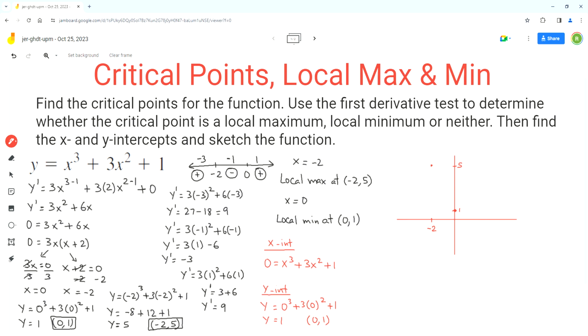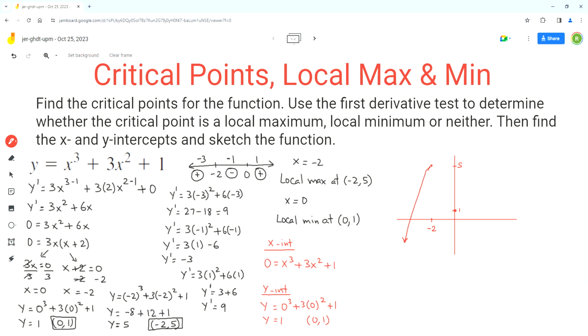Now we couldn't identify the x-intercept, so now we can use the increasing and the decreasing analysis. Now on the left side of x equals -2, the function is increasing. So that means from left to right, the graph is sloping upward, and it reaches all the way up to the local maximum. Now on the right side of x equals -2, the function is decreasing.